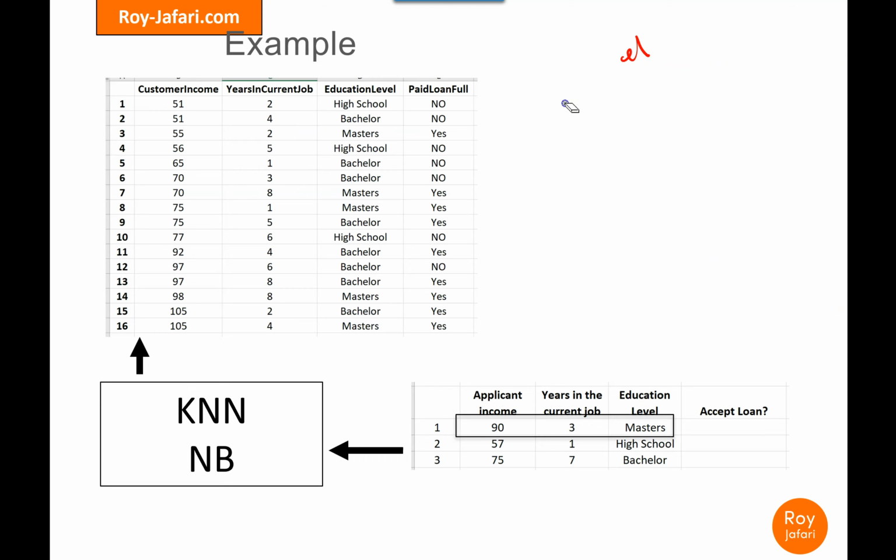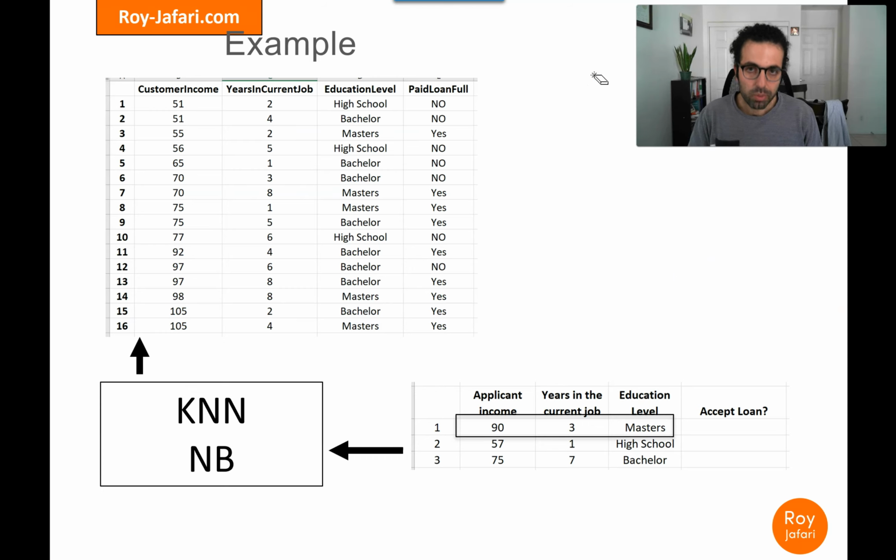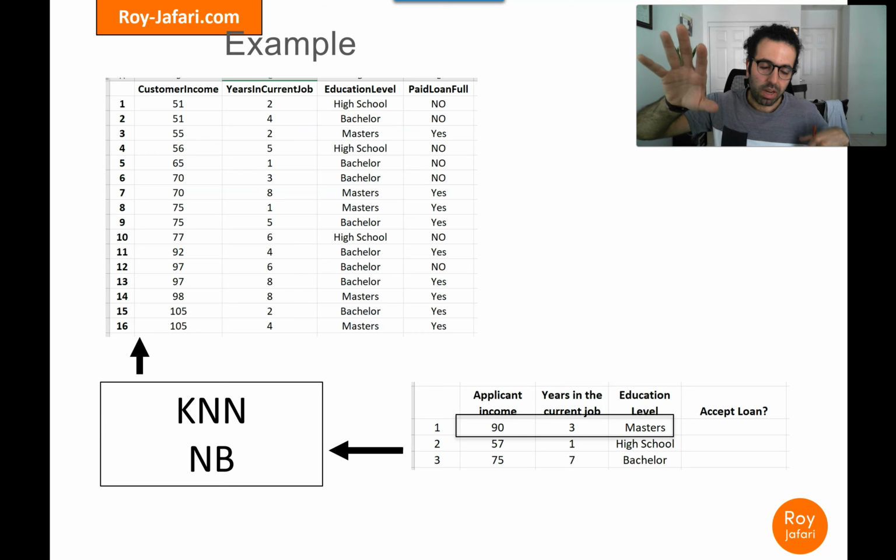With Naive Bayesian and KNN, we say, okay, we've got this data, we know the labels for this data, and we have other data where we don't know the label. This example is about whether we are going to accept to give a loan to a few customers.